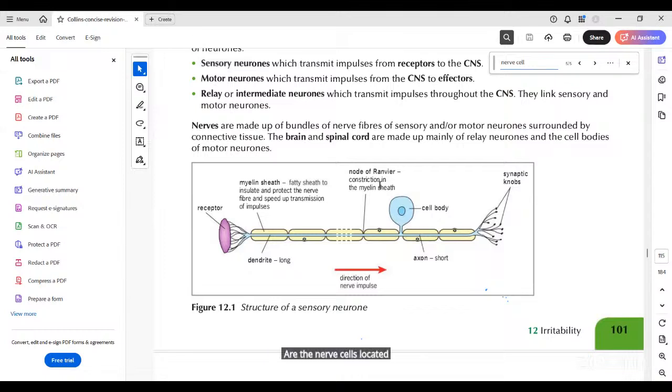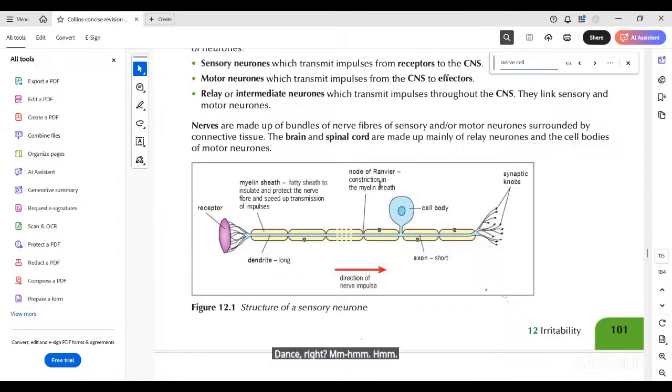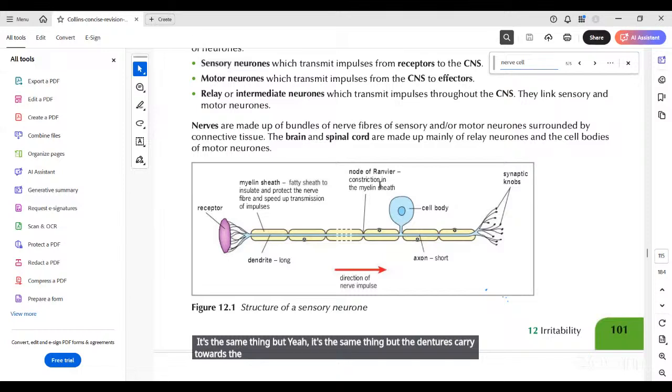Nerve cells are in the brain and the spinal cord. So what transmits stimuli to the body through the skin? The receptor. The skin is a receptor. The axon is basically the same thing as the dendrite, but the dendrites carry impulses towards the cell body, and the axon carries impulses from the cell body. That is exactly correct.